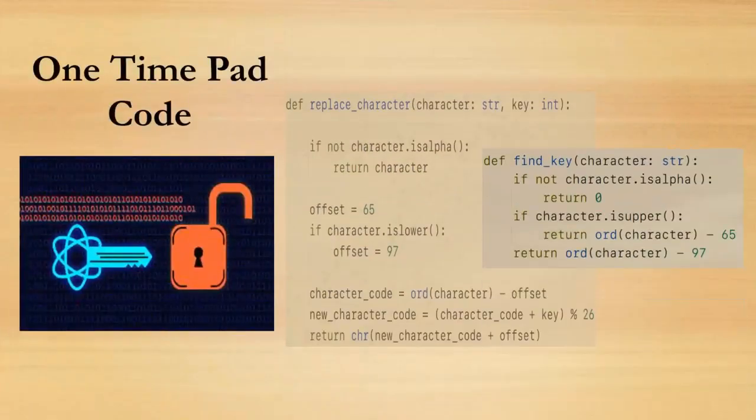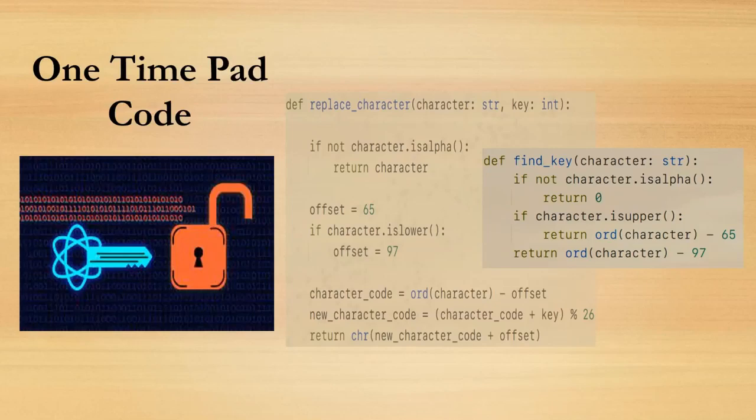Now if we see the one-time pad code, here we have the same code as the Caesar cipher, but with some changes. Here we have written code for replacing characters, where if the character is not a string, then we will return the character, and the offset is 65, then we will lower, and the offset equals 97.